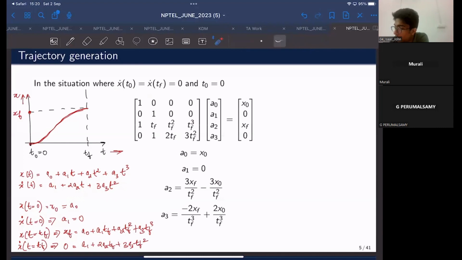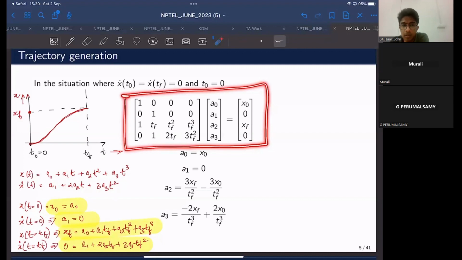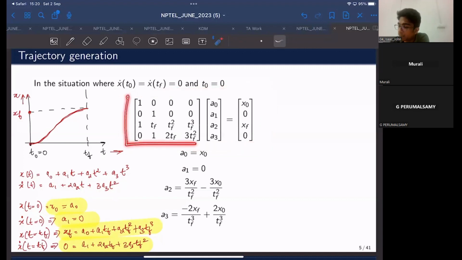If you rearrange these equations into a matrix and vector form, you will get a system of equations like this, because the unknowns are a0, a1, a2, and a3.